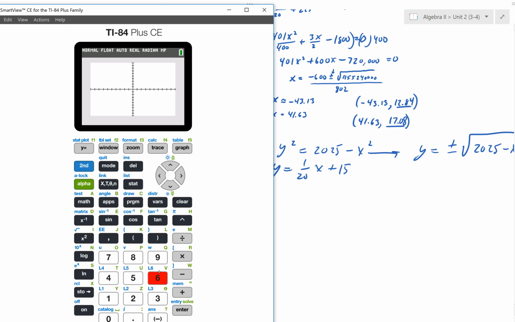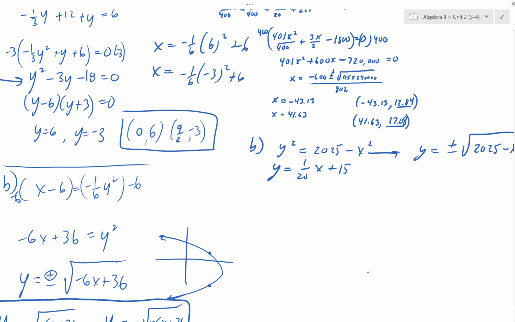I don't see anything. And that's because we need to think about where the line and the circle are. The line has a y-intercept of 15 and a very shallow slope. So it's going to be way up here at 15 with a very shallow slope, actually sloping in the positive direction. So that's why we can't see it, because we're looking at a viewing window right here.